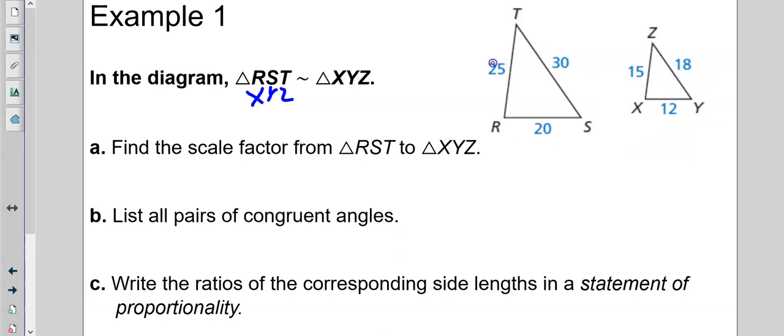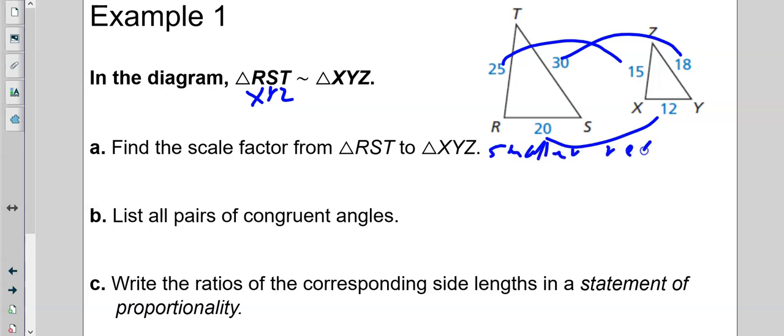Now, if you think about it, I had to erase that, sorry. From RST to XYZ, are you getting bigger or smaller? You're getting smaller, which is a reduction. So let's think about it. Do we want to write 25 over 15, or do we want to write 15 over 25?